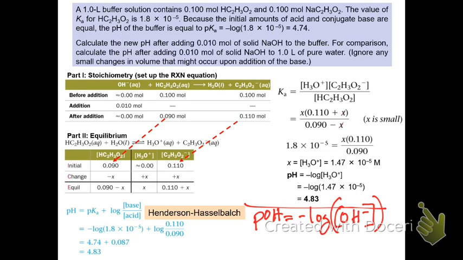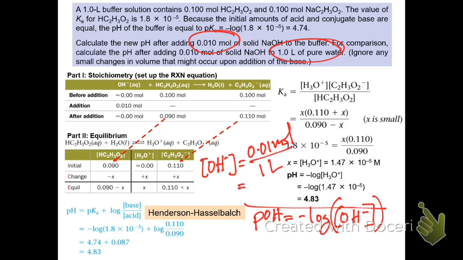So how do we find the concentration of the sodium hydroxide? Well, we're given the number of moles of the solid sodium hydroxide. We're also given the volume, and so we can calculate the concentration of OH minus. This is equivalent to 0.01 mole divided by 1 liter.